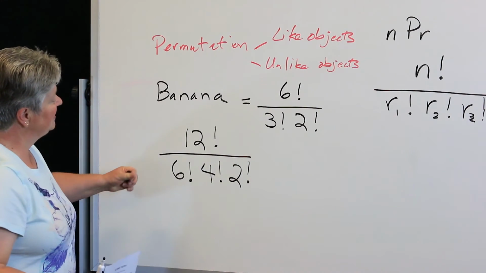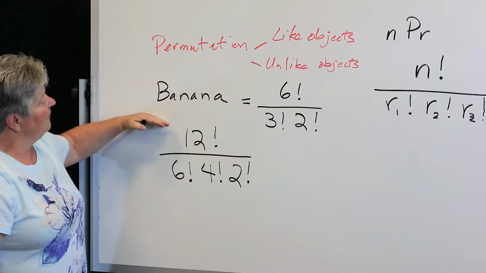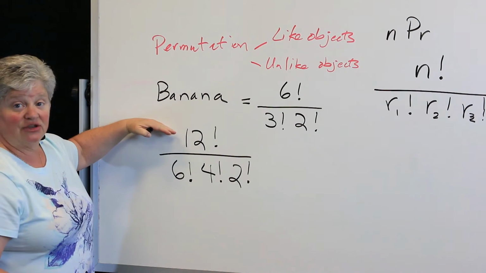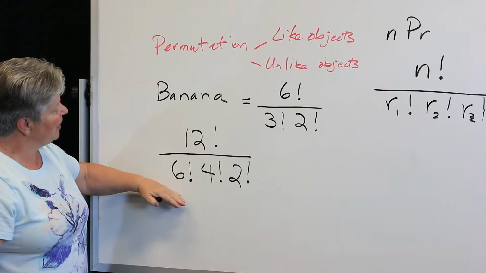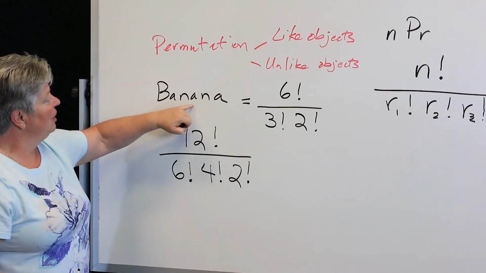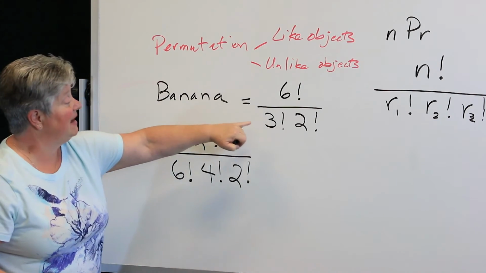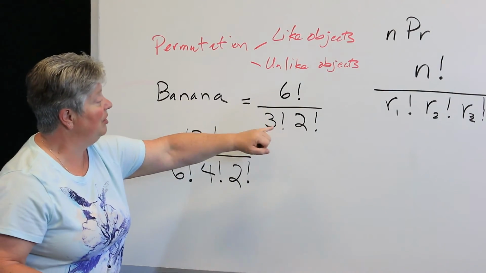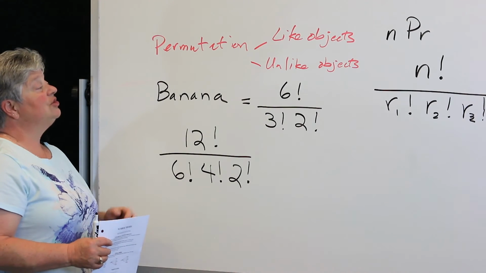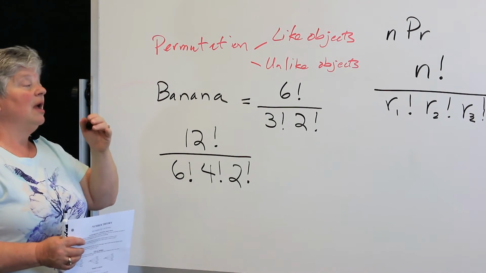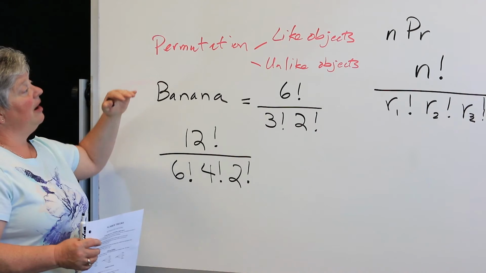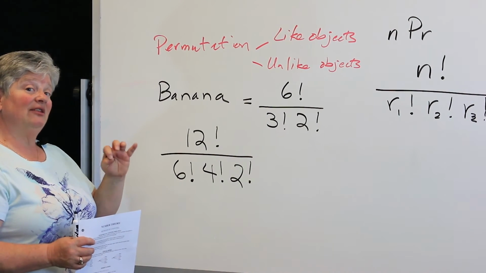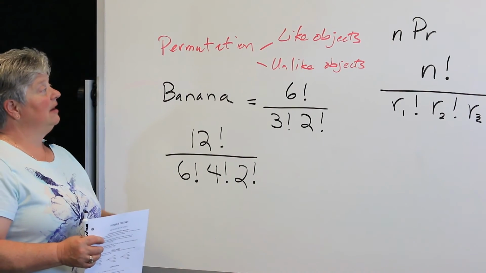And what happens is that if no letters repeated, it would just be whatever our n factorial is. But what we have to do is account for the number of ways those 3 A's, let's say up here, could be arranged in the word, or these 2 N's could be arranged in the word. So order is important, but in this type of permutation, we may have objects that we can't distinguish one from the other.